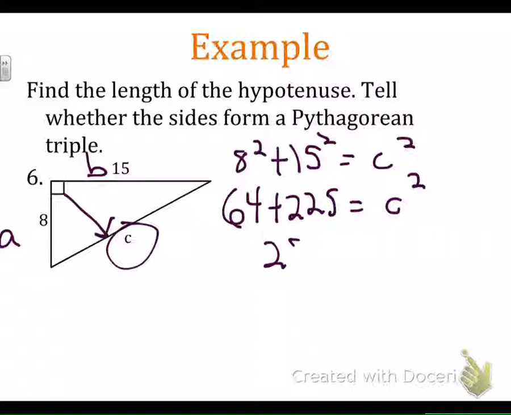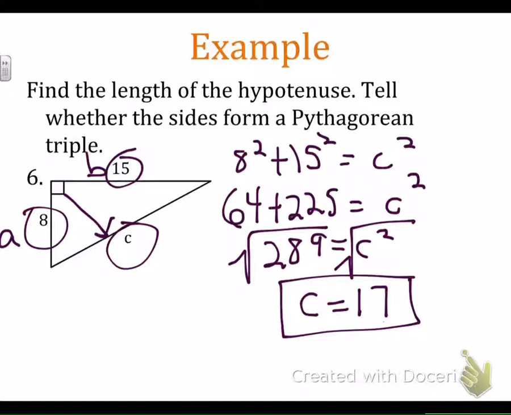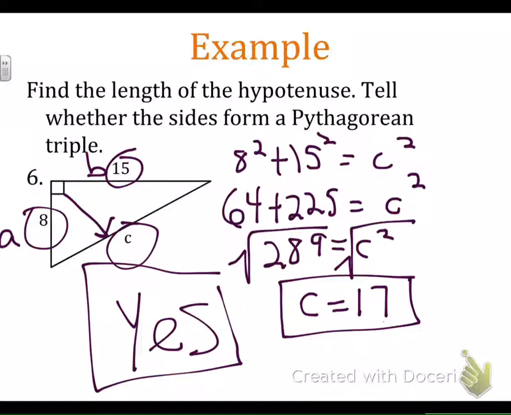So 289 is equal to C squared. Now we got to take the square root of each side. Do not forget that step. And our answer, C, is equal to 17. Now we have 17, 15, and 8. All of those are whole numbers, so yes, it does form a Pythagorean triple.